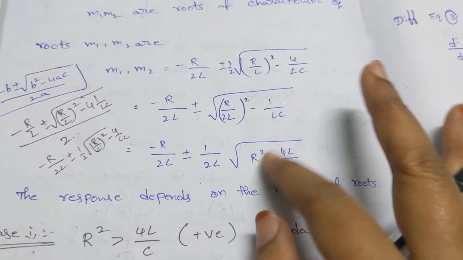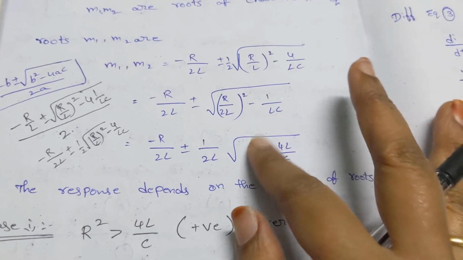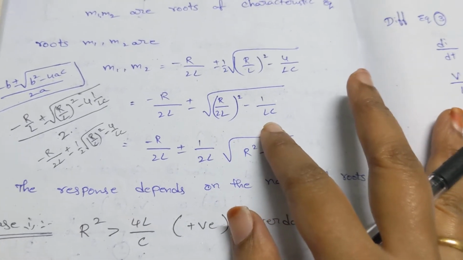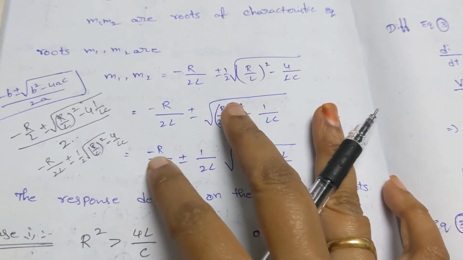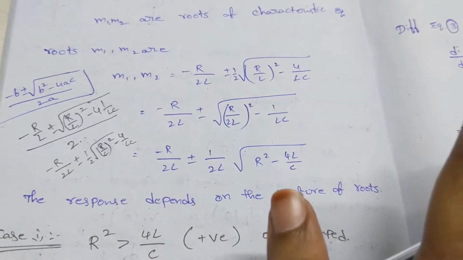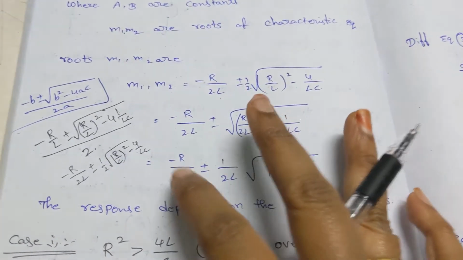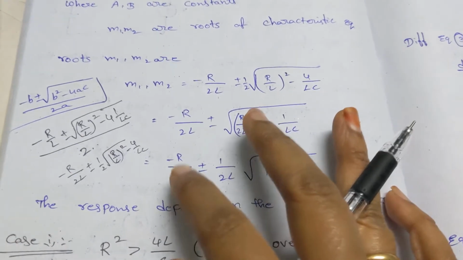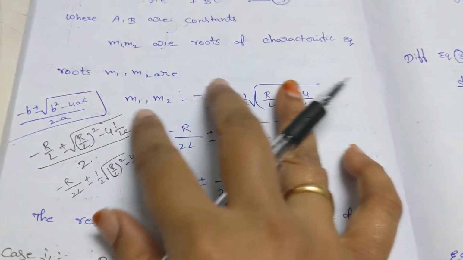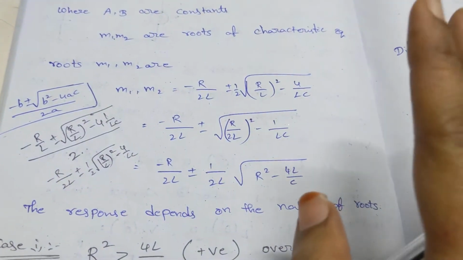For example, if the term is 0, then we have minus R divided by 2L, a real value, and the same value for m1 and m2. Both are the same.